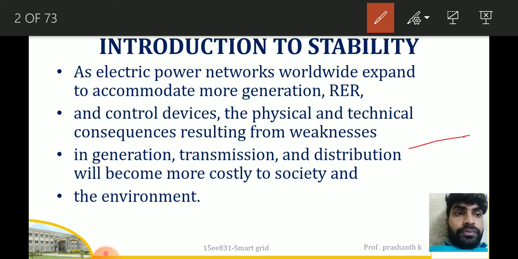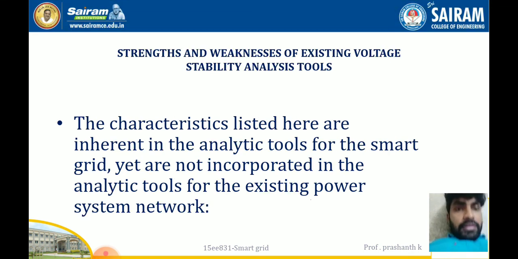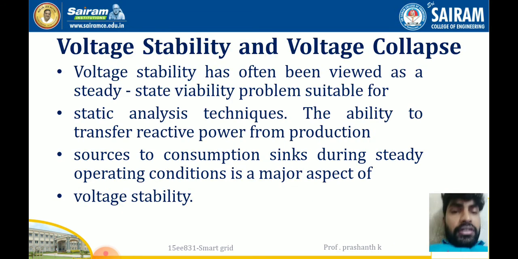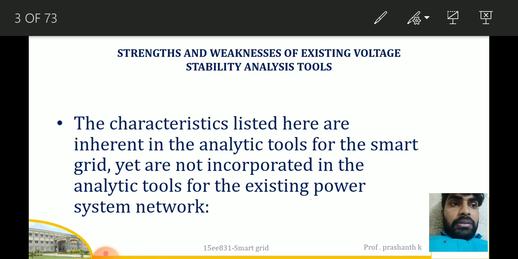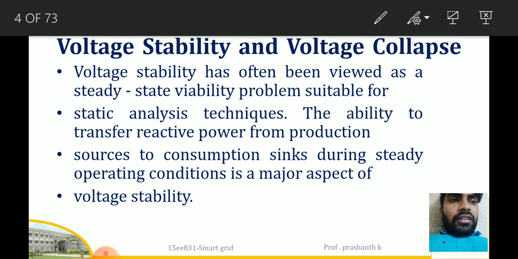Strengths and weaknesses in the power supply system, and voltage stability analysis tools. There are so many tools for smart grid weakness, like identifying the strengths and weaknesses of existing voltage stability analysis tools that are incorporated with analytic tools for the existing power system networks. So there are so many techniques we are going to utilize here.